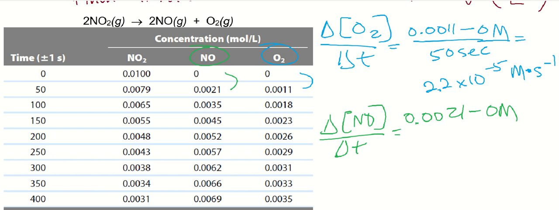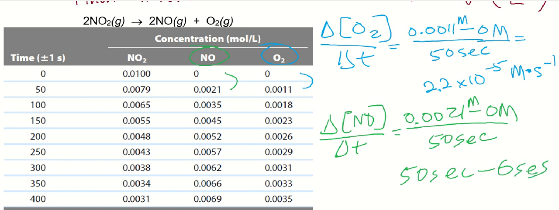These are molar, by the way. Label these. Over 50 seconds as a time increment. You could have broken that down too, as 50 seconds minus 0 seconds, and you're going to get 50 seconds because the initial reading is 0 on all of these.